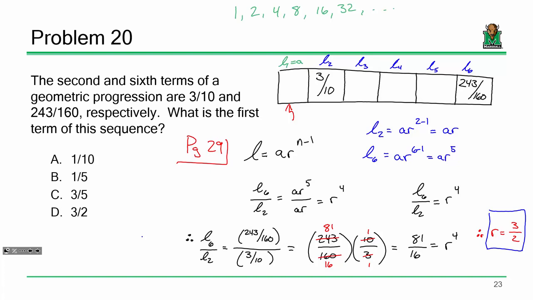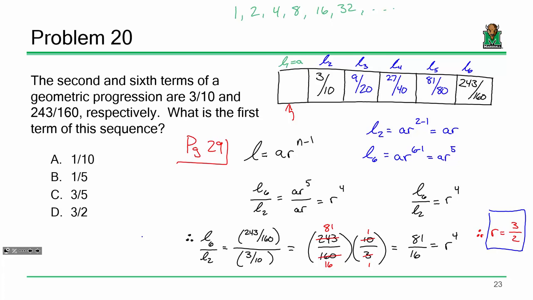What is 3/10 times 3/2? 9/20. Do you agree with that? What's 9/20 times 3/2? There you go. What about the next one? What if I do the next one?